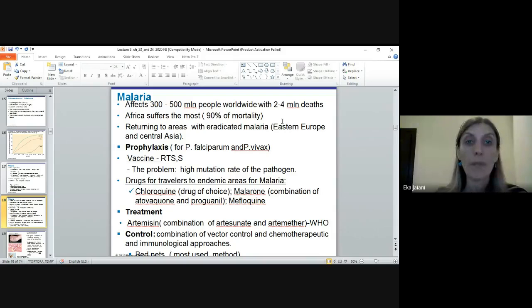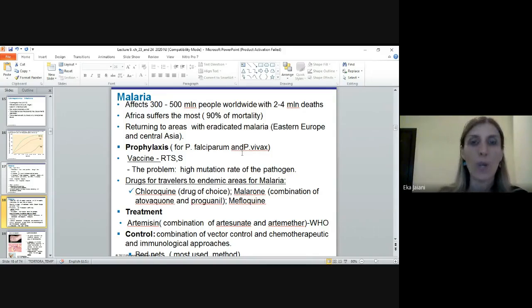And how can we prevent it? Nowadays we have a vaccine. In your textbook, even in the new one, they mention that the vaccine is under development and so on, but actually the vaccine exists, and it is not so effective.